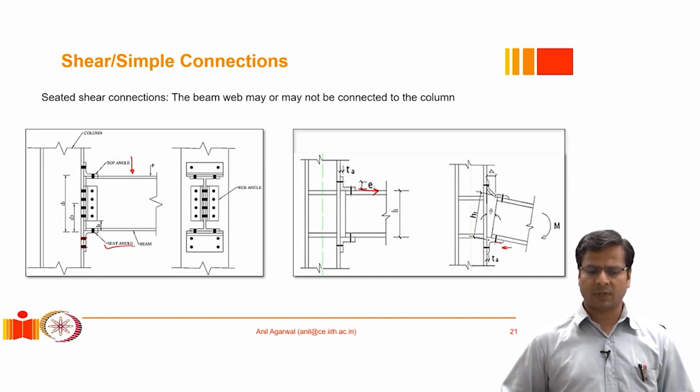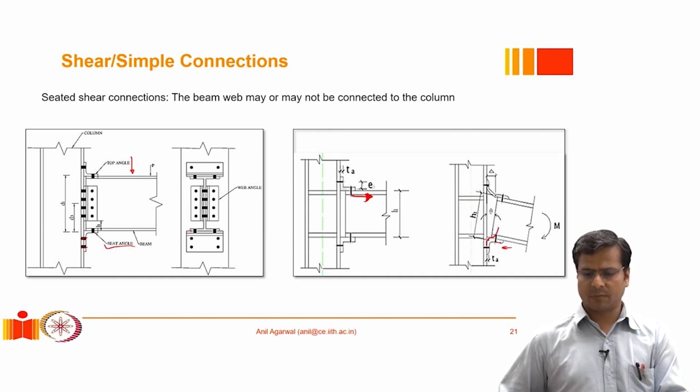Likewise, that is what is happening in this angle. If we push this angle downward, it offers a very high level of resistance. It has a very high stiffness. However, when we push it in this direction, or that is the same case as if we pull this angle in this direction, these angles are very flexible and they don't offer a lot of resistance, and therefore as a result this connection starts to behave like a simple connection. Okay, and most of the shear force gets transferred to the bottom through the bottom flange.